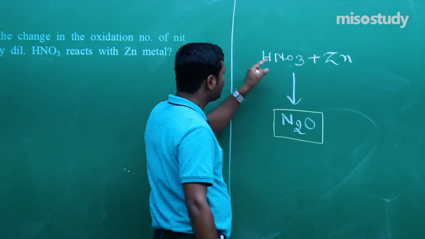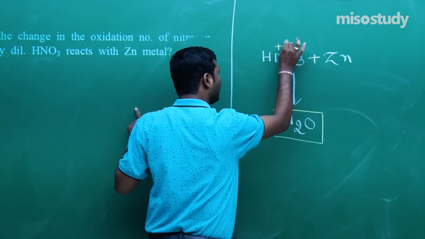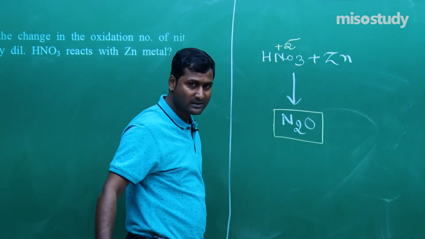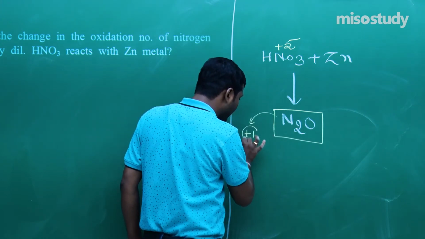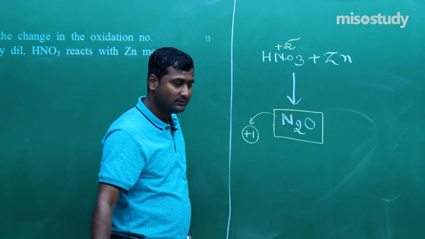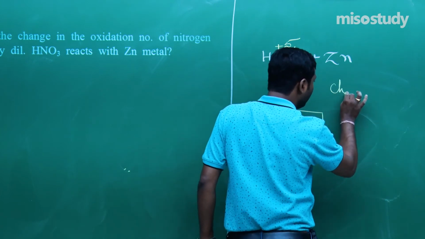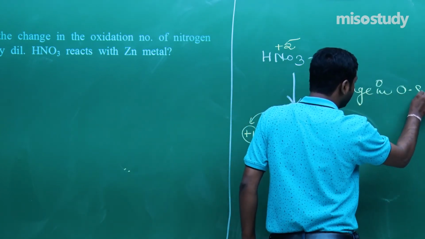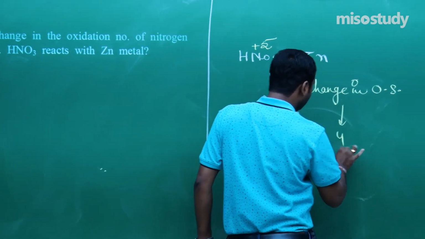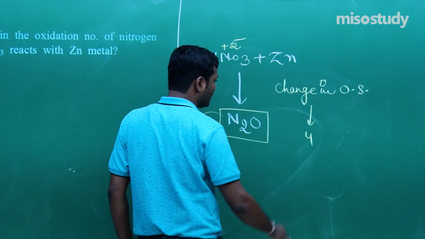Clear? In HNO3 the oxidation state of nitrogen is +5, and in N2O the oxidation state of nitrogen is +1. Now check what is given here: the change in oxidation state is 5 minus 1, which is 4.